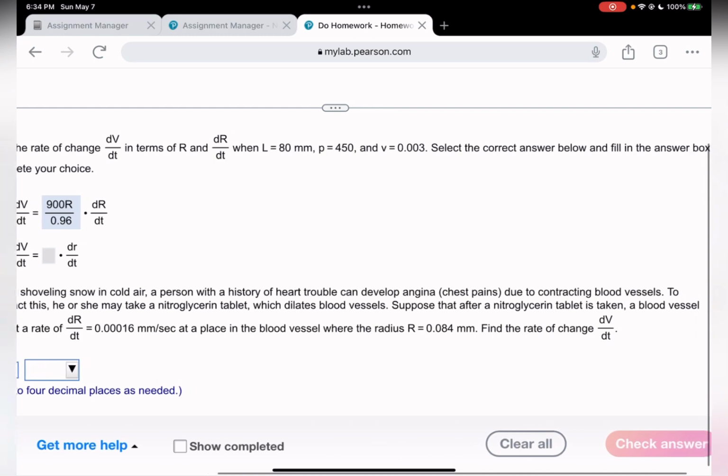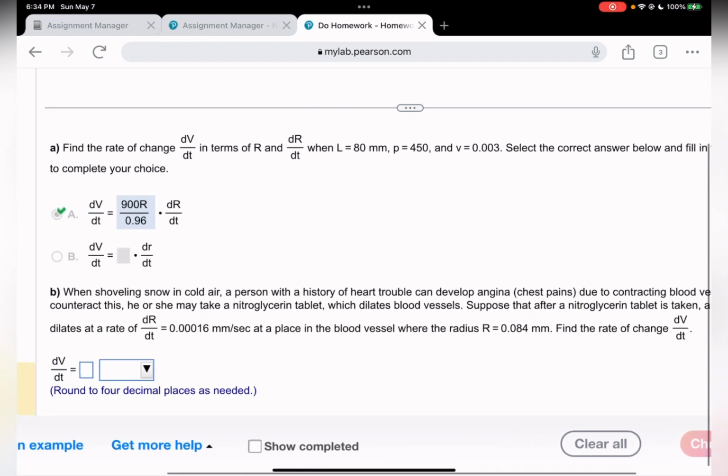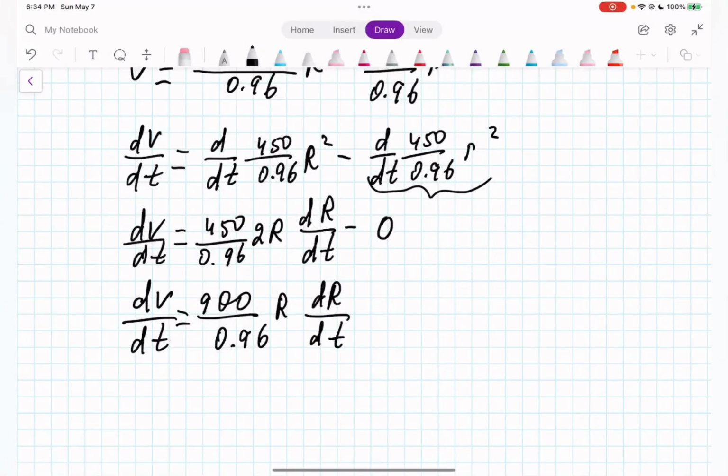Suppose that after the tablet is taken, a blood vessel dilates at rate of dr equals 0.00016 millimeter per second at a place where the radius is 0.084 millimeter. Find the rate of change dV by dt. Let's start working on it. So we need to find dv by dt.